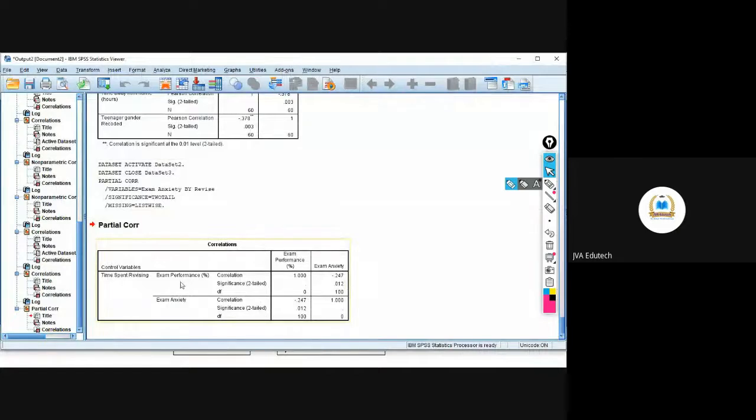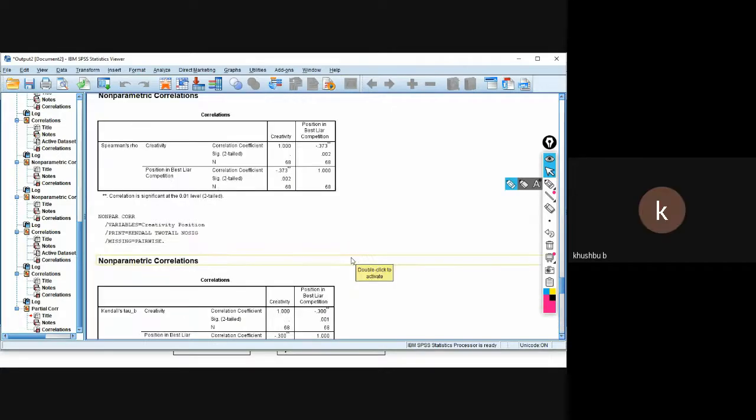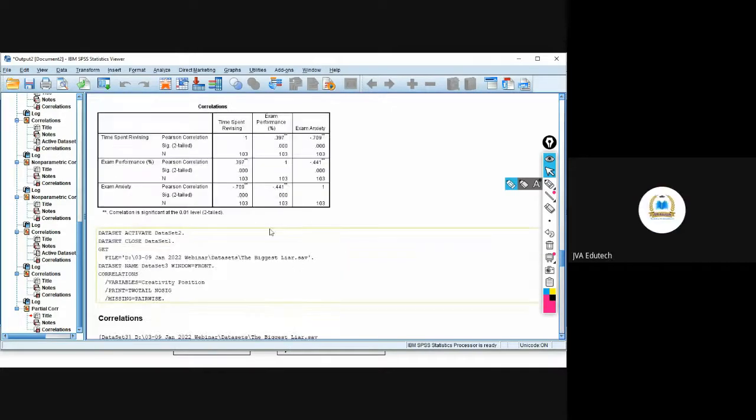Now you see the relationship between exam performance and anxiety: minus 0.247. What was the previous value? 0.441. Exam anxiety and performance, it was 0.441, isn't it?